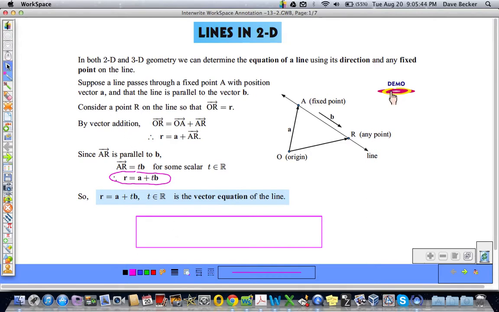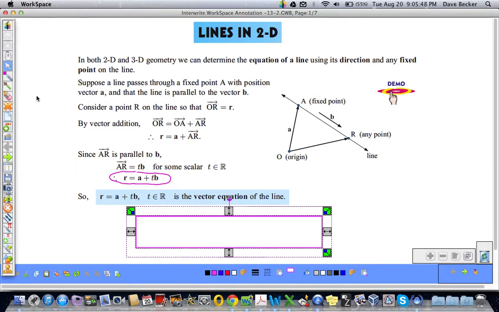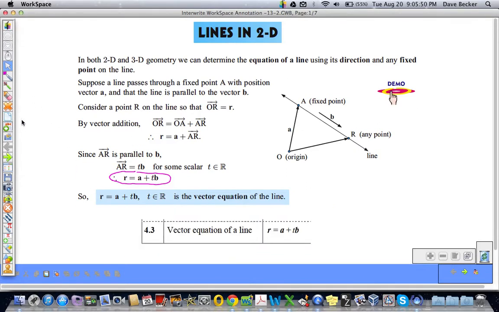Okay, so if you didn't quite follow that, I think you will by the end of the video if you pay attention. This is the only help we get on our formula sheet. The vector equation of a line is r equals a plus tb. So we have to remember that that r is any point. Any point.